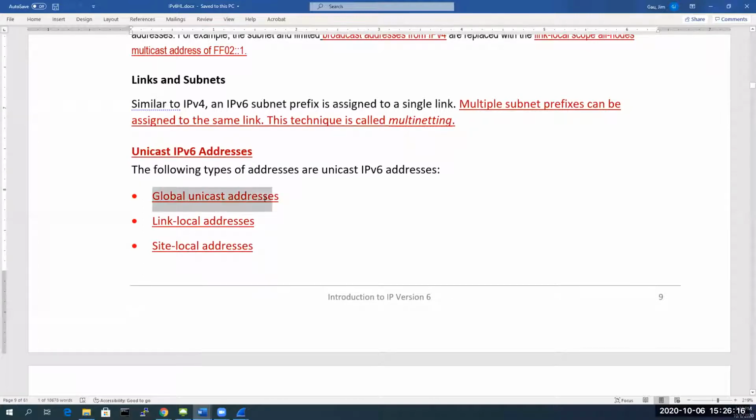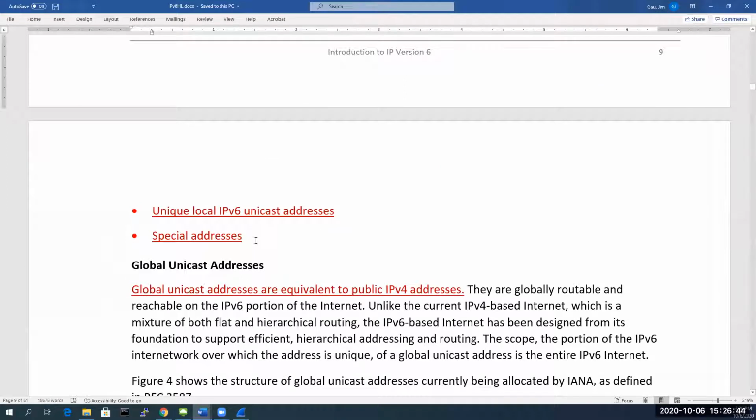We know that's the basic IPv6 standard format, and there's a link local address, which is similar to the 169.254 IPv4 link local address, and the site local is similar to the private addresses of IPv4, like 10.0.0.0, 172.16.0.0, and the 192.168.0.0 network, and things like that. Those are the site local. Site local has been deprecated in IPv6, so we don't even want to talk about that.